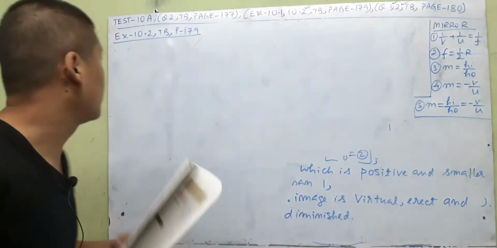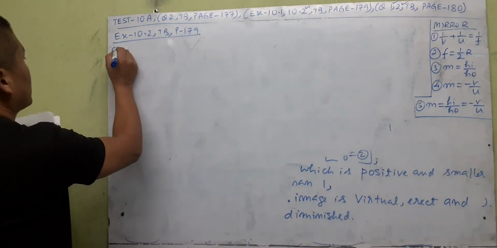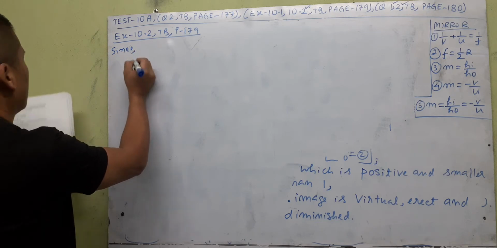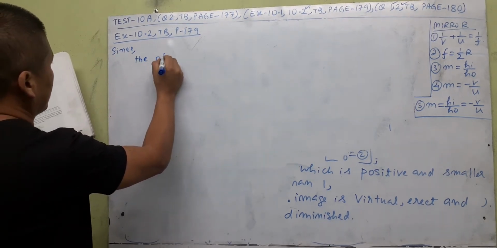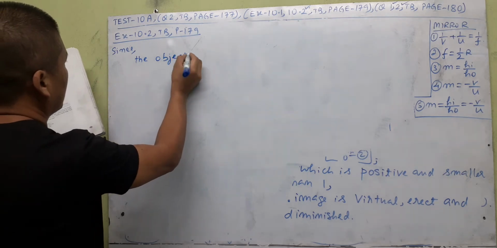So let us write down, since the question is clearly saying, write along with me. Let's do slowly. The object, be very clear about it.